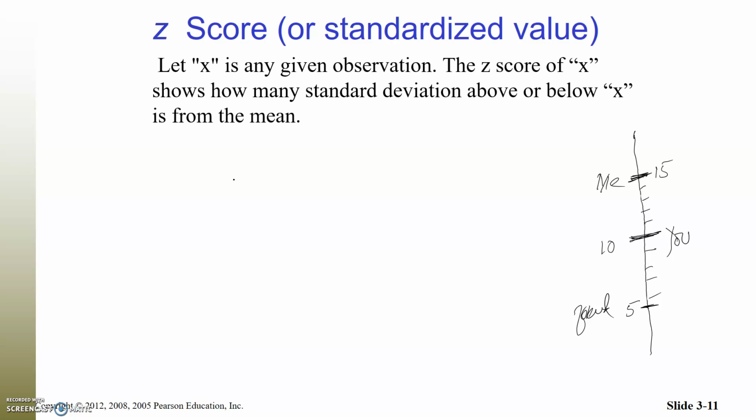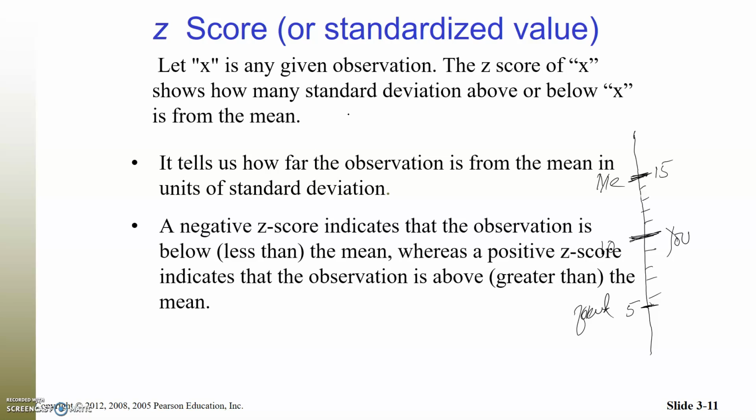The yardstick is the standard deviation. Here the yardstick was floors: my teacher is 5 floors above, my friend is 5 floors below me. But here the yardstick is the standard deviation.